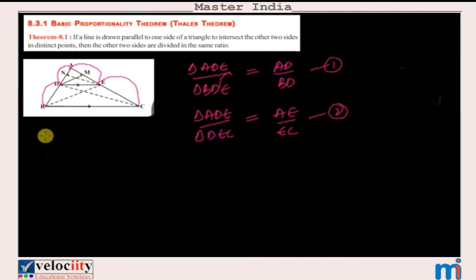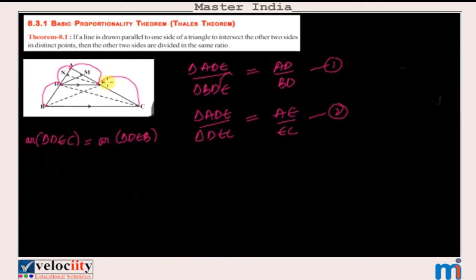So the area of triangle DEC will obviously be equal to the area of triangle DEB. Why? Because they lie between the same parallel lines and on the same base.